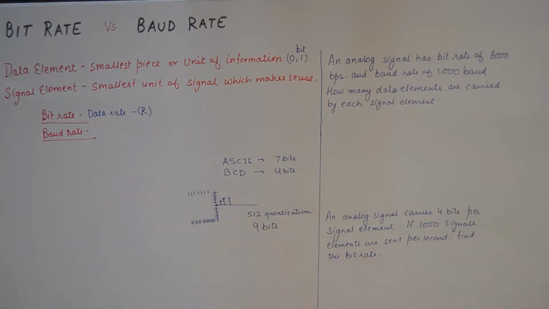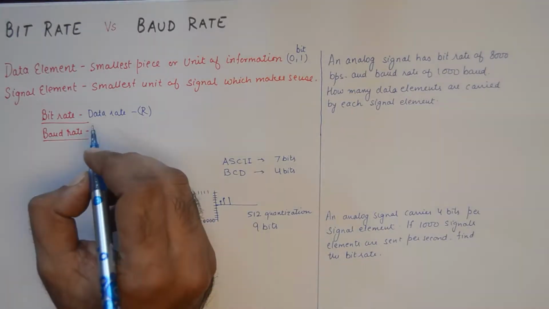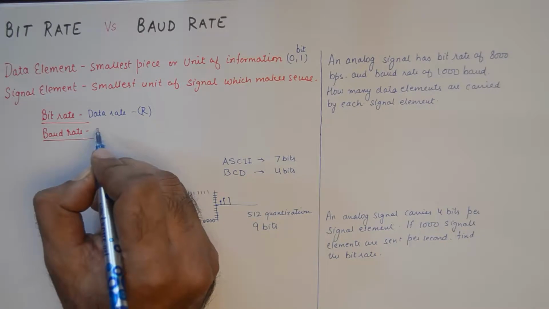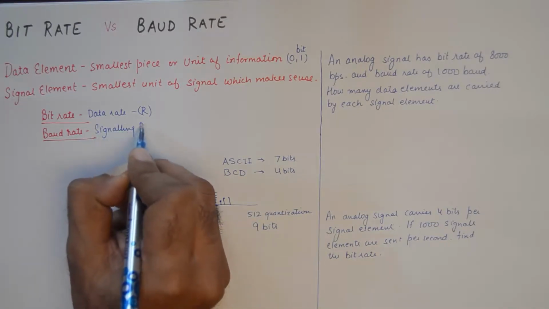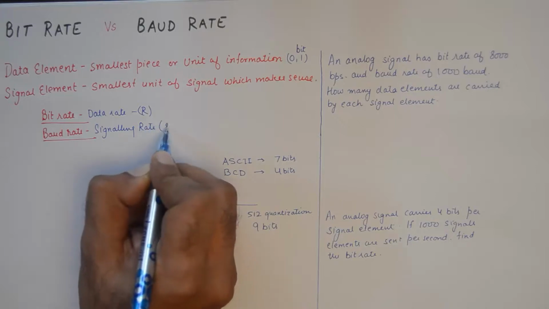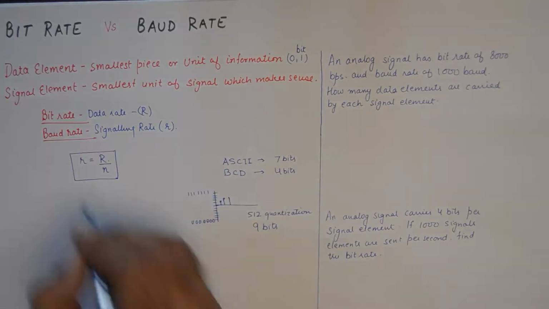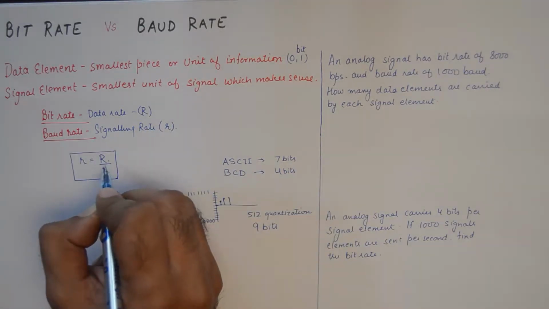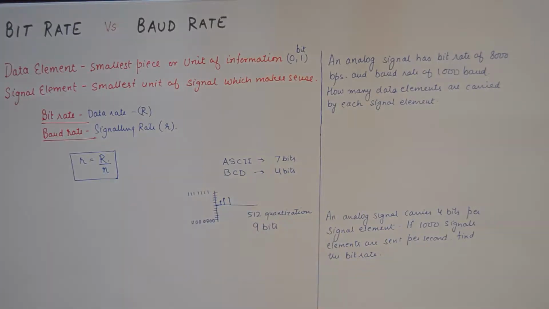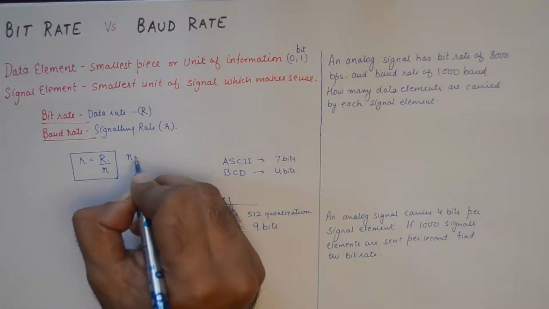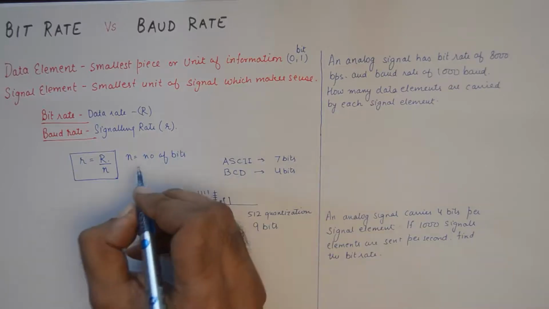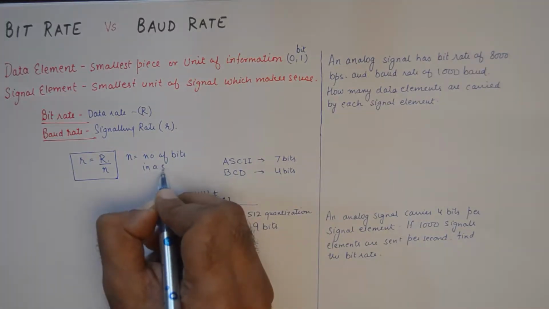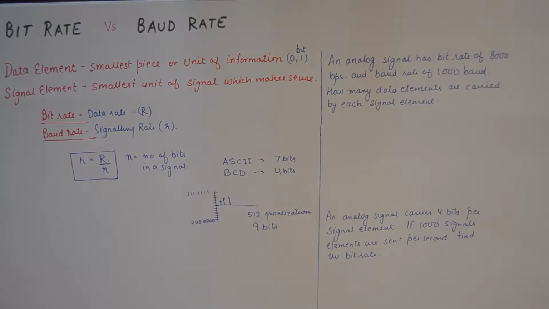And baud rate will be the signaling rate, and it is denoted by a small r. And of course the small r is related to capital R, like this, where n is the number of bits in a signal.